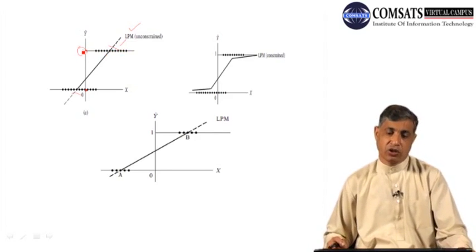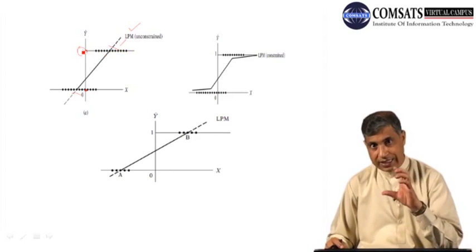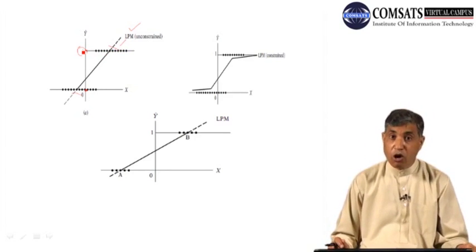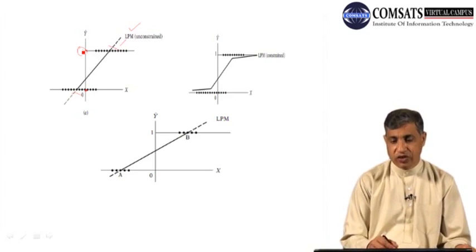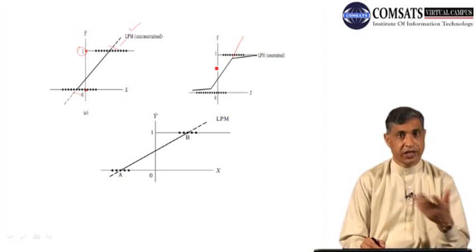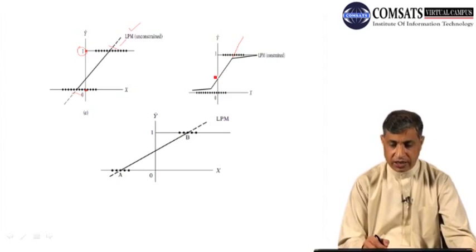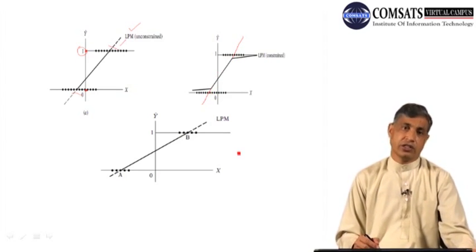On the right-hand side, we have estimated the same model, but now we have put some restriction on it and it has become an S-shaped distribution. From here it was crossing the limit, making problems for us, and at the same time it was crossing the limit of 0.